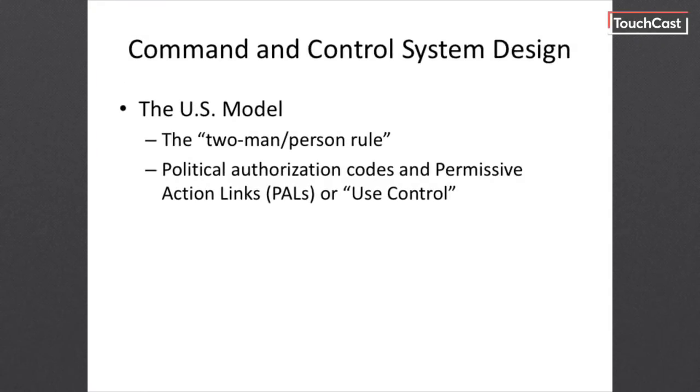Beyond that, once political authorization is given, there are a set of codes, political authorization codes, and then permissive action links or use control codes that are military. The political authorization codes and the military codes are different, but the political authorization codes activate the military codes.